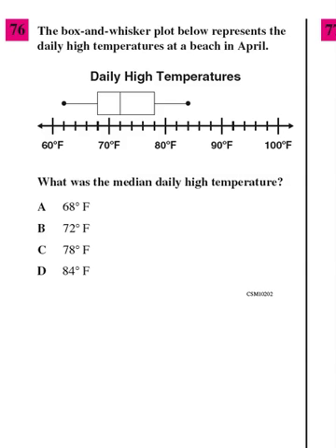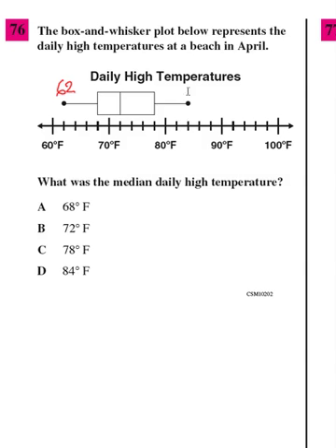Problem 76. The box and whisker plot below represents the daily high temperatures at a beach in April. What was the median daily high temperature? From the study of box and whisker plots, we see that the lowest temperature was 62.